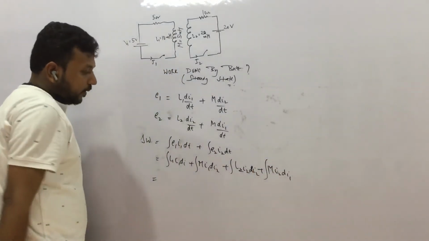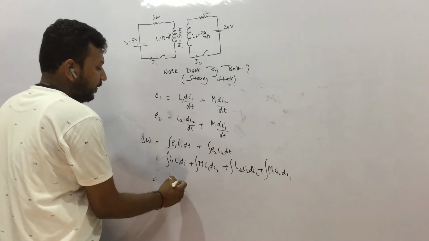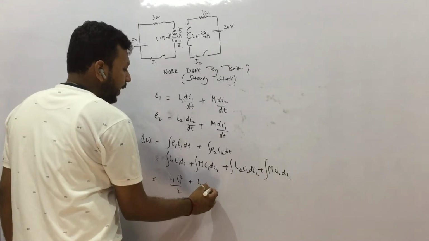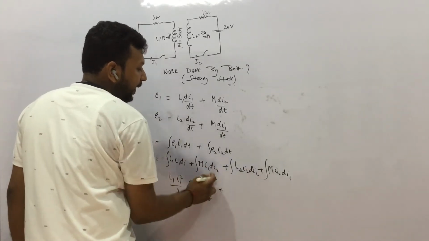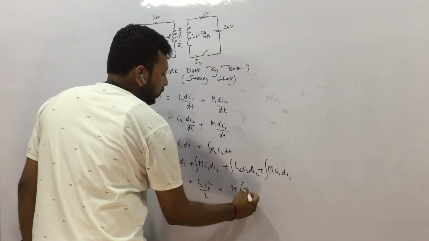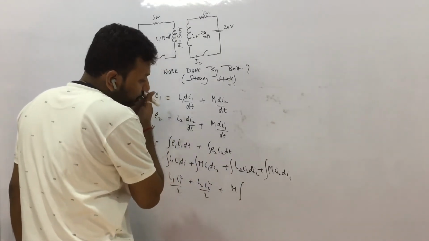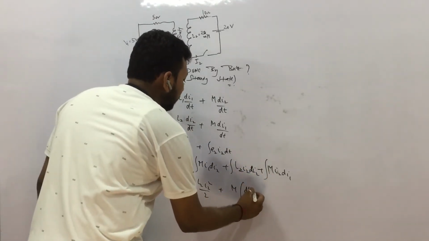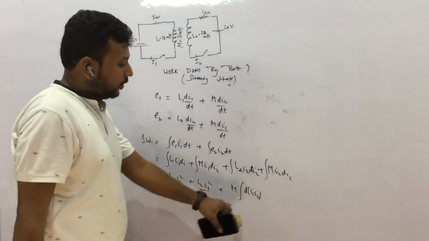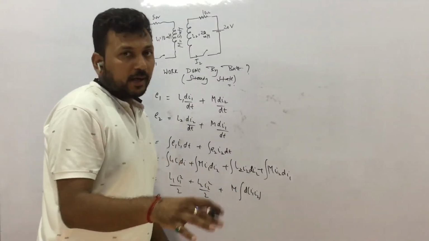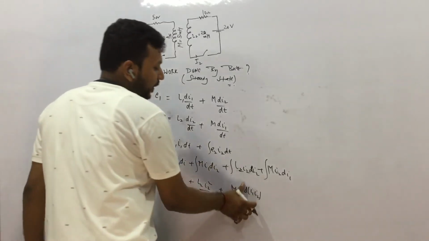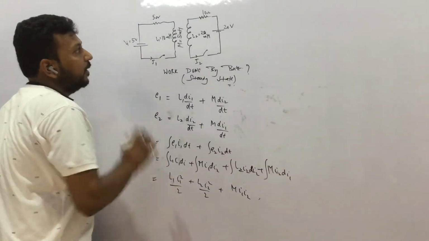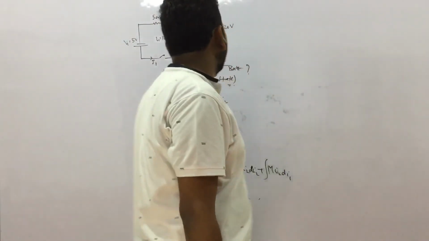So this becomes L1 I1 square by 2, this becomes L2 I2 square by 2, and combined it becomes M integration of I1 di2 plus I2 di1. That means the derivative of I1 I2, since the derivative of I1 I2 is I1 di2 plus I2 di1. After integrating, it becomes simply I1 I2. So this is the net work done by the battery.